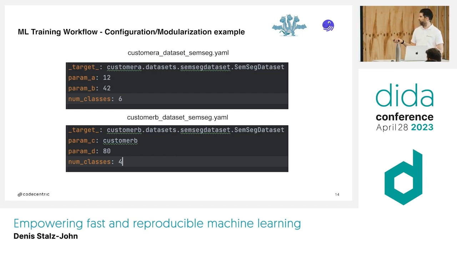I have an example here of two different data sets. Let's say we have a customer A and a customer B, and we do the same at both customers. Here it is semantic segmentation. So we can use basically the same model architecture, the same optimizer, and everything else in the same way, but the data set is completely different.